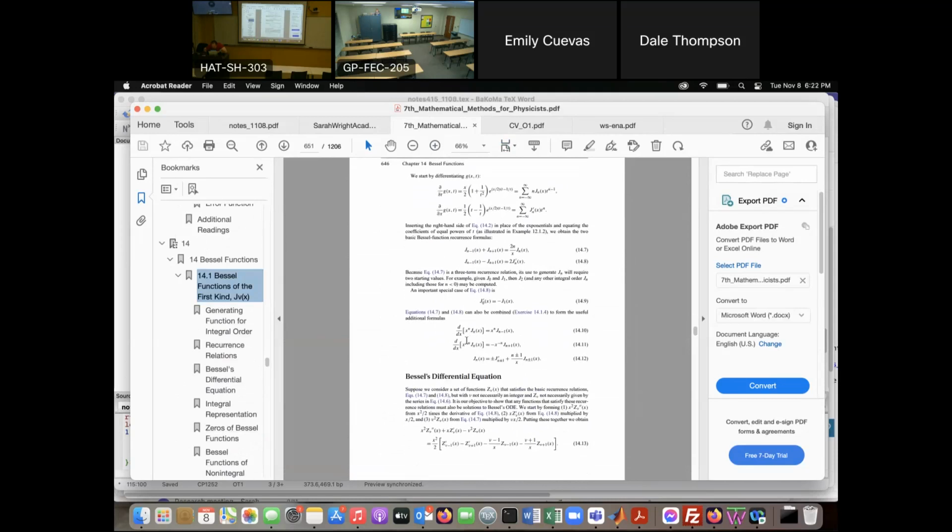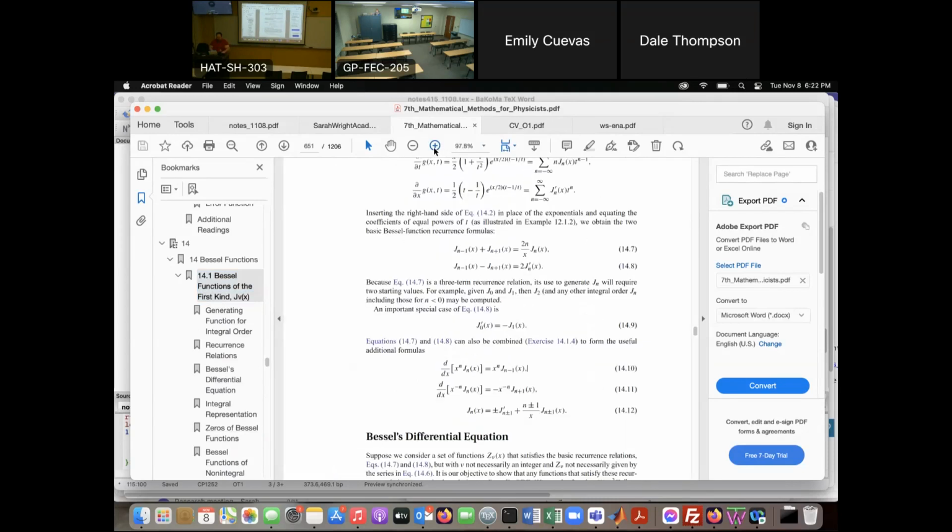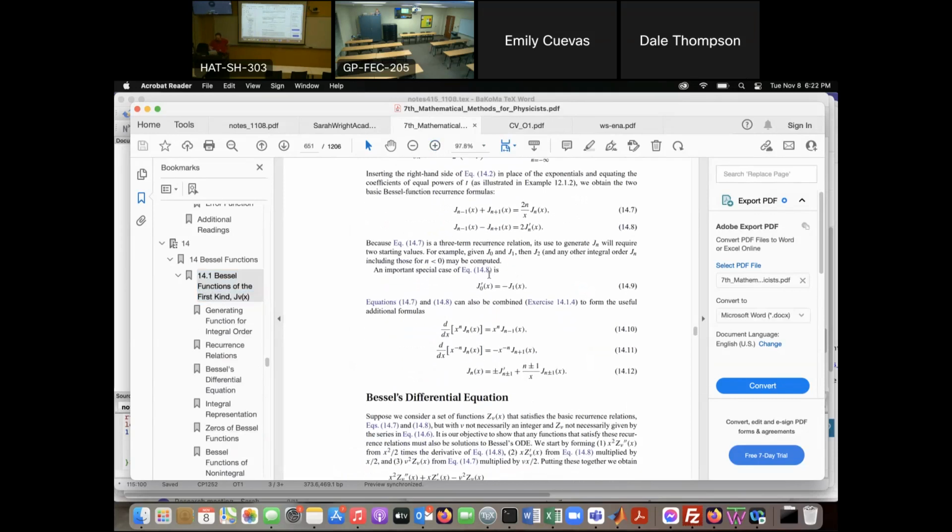Oh, okay. Well, you do have this on your side though. So what you're trying to integrate is x to the m times jm evaluated at a multiple of x.